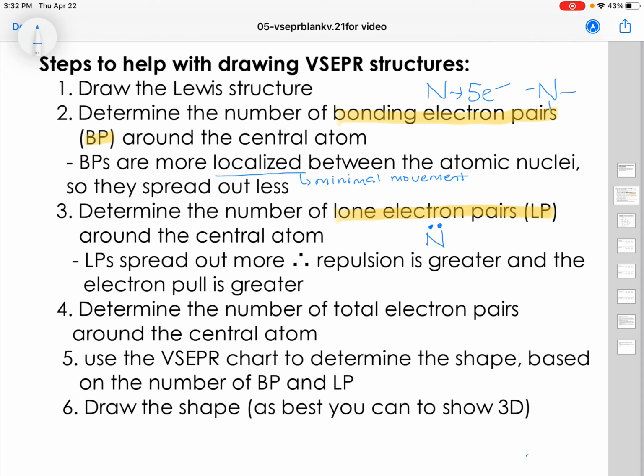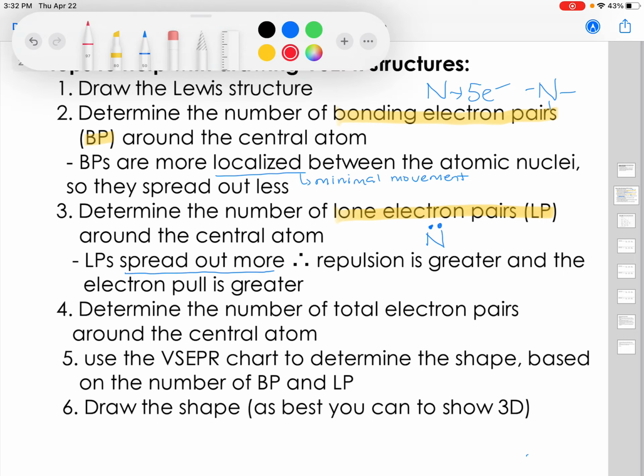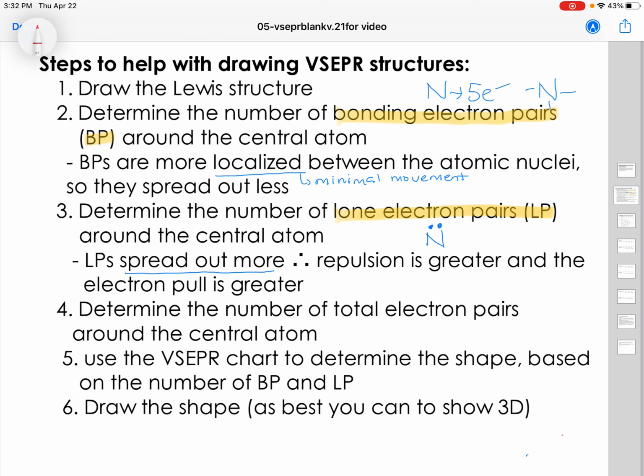Whereas when you have a lone pair of electrons, they spread out more. They have what we call a cloud of electron density. So in yesterday's intramolecular note, the one picture showing water, it was red in the picture, a big cloud of electrons, and that's literally what it is.